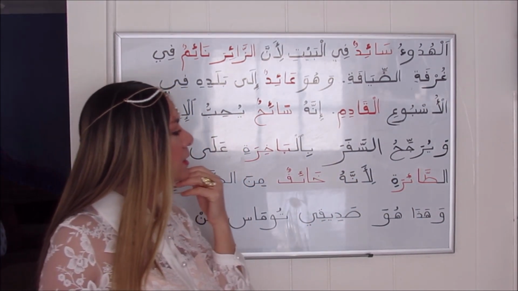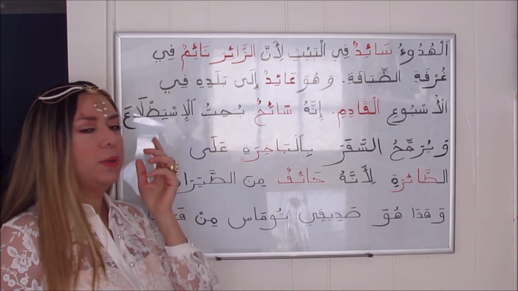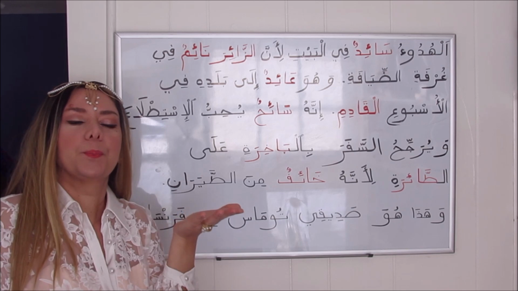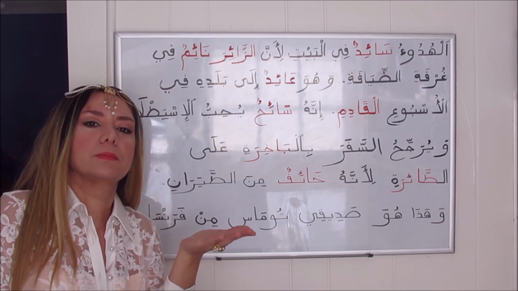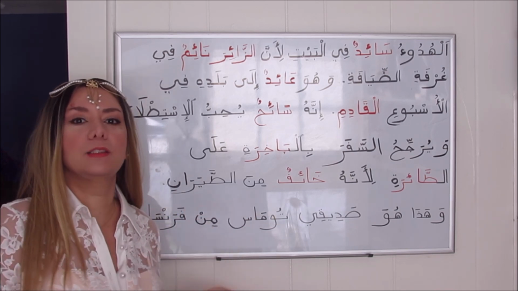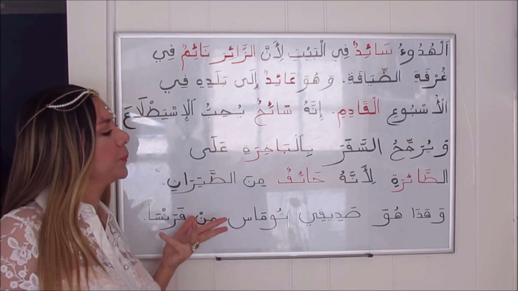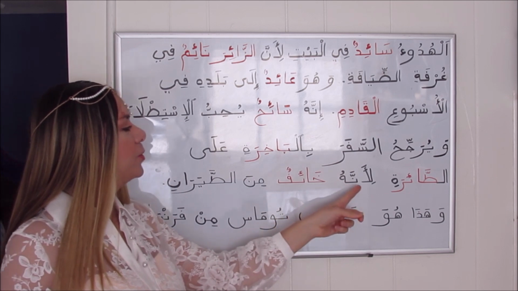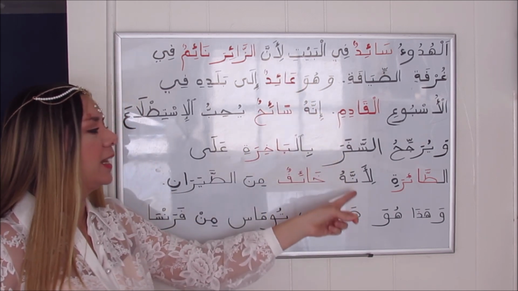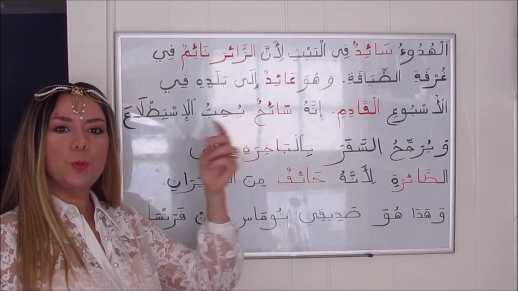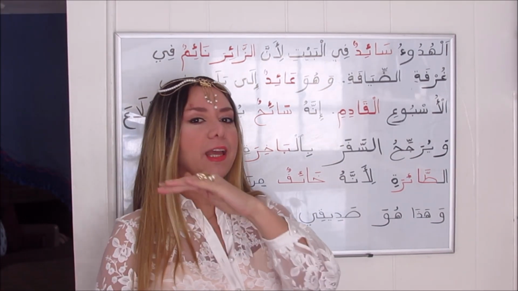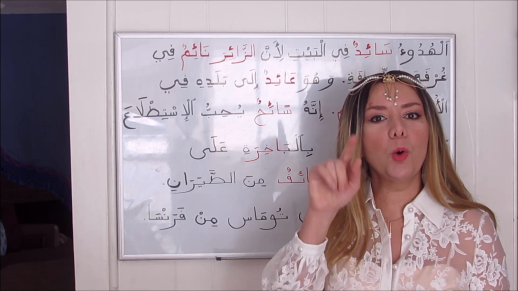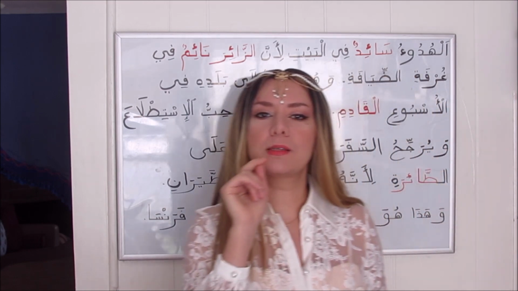So these, let's say, feminine nouns, but actually these are feminine active participles. لأنه, again we have the same conjunction لأن, but we have attached the enclitic form of the third person masculine singular هو, the subject pronoun.